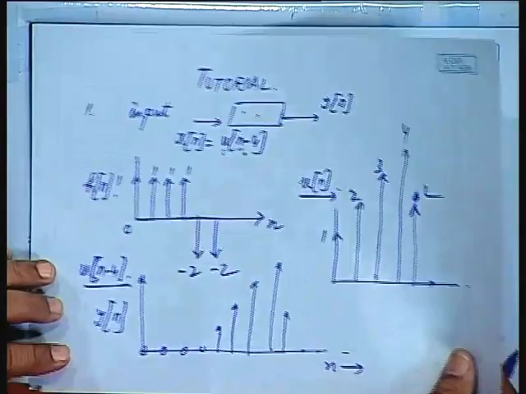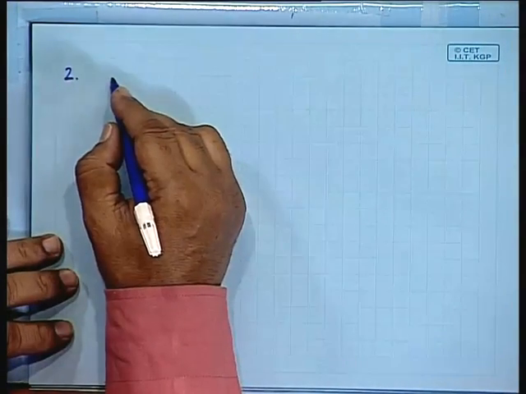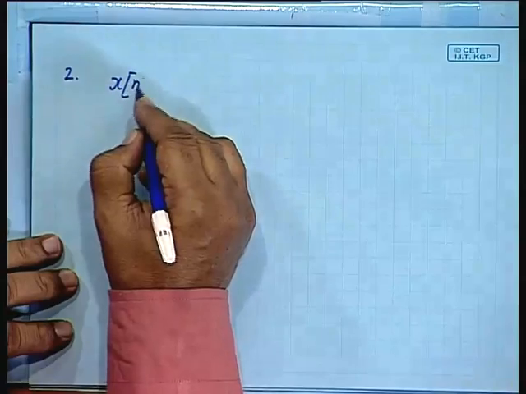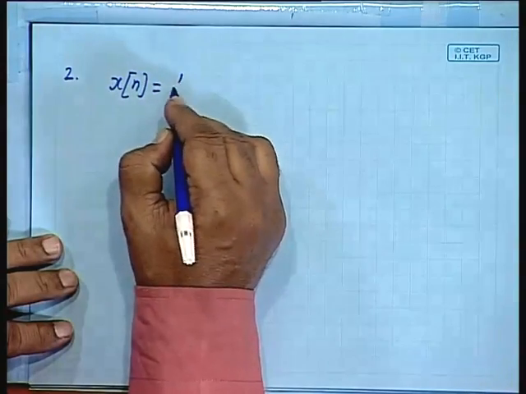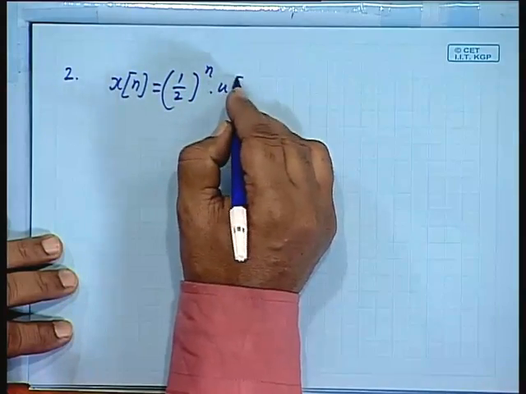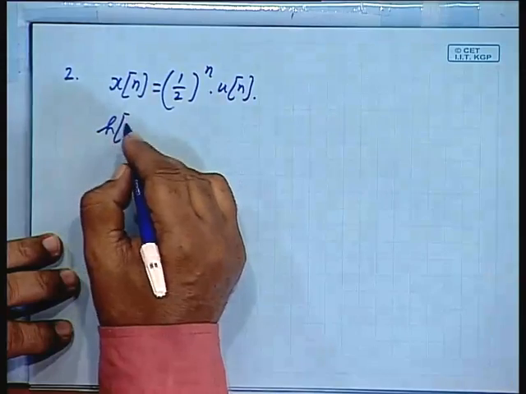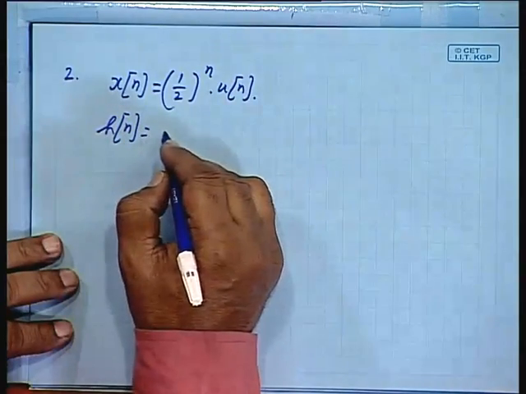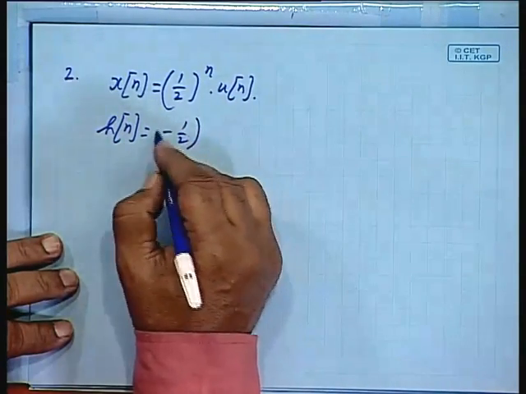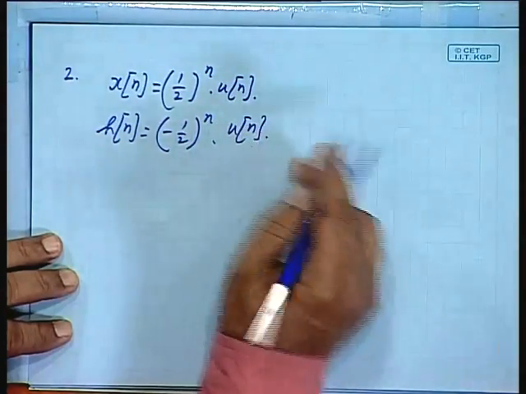Next, the second example is something very interesting: x[n] is half to the power n u[n], and h[n] is equal to minus half to the power n u[n]. Okay.